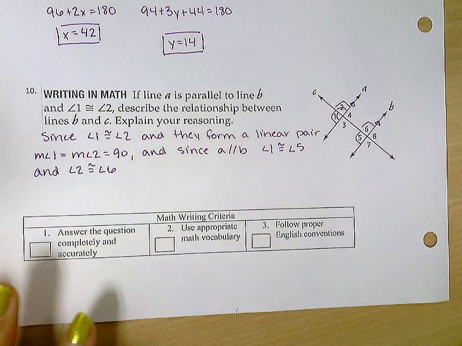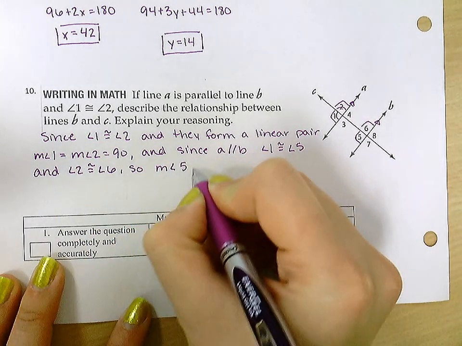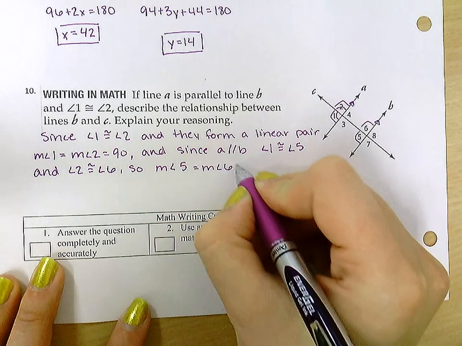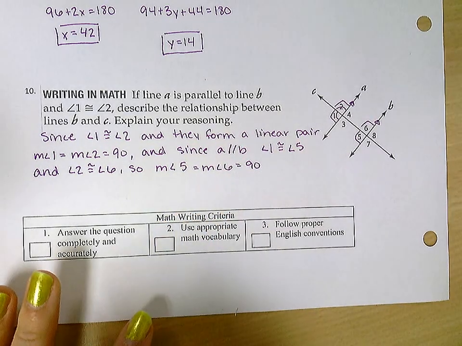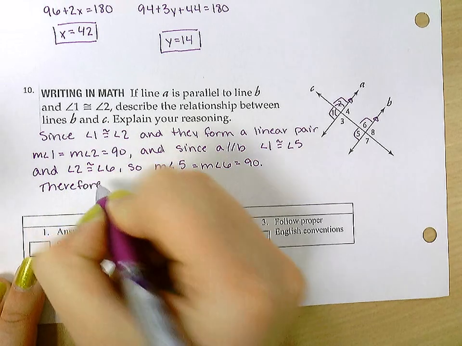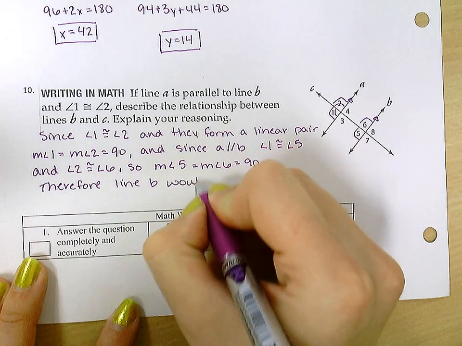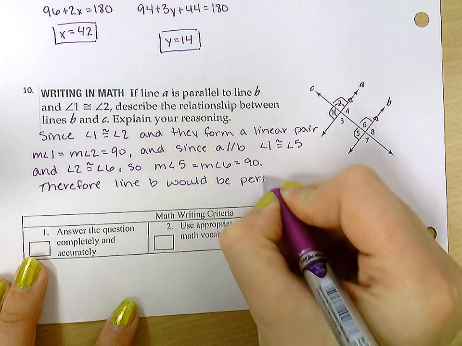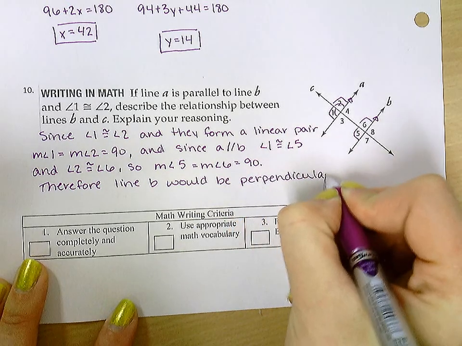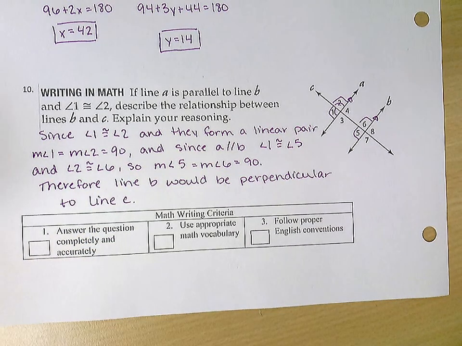Again, they are corresponding. So the measure of angle 5 is the same as the measure of angle 6, which is 90. Therefore, line B would be perpendicular to line C. And that is somewhat of a proof. Kind of.